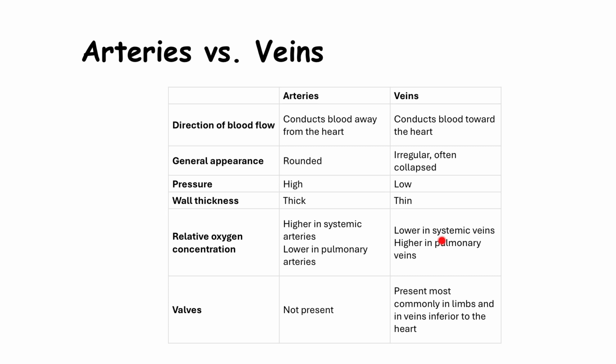And then the other reverse that we have is that those veins that go from the lungs back to the heart, those veins are going to have high oxygen because they're coming from the lungs back to the heart. And then eventually that blood is going to be pumped out through the left side of the heart. So there are a couple exceptions to the rule.